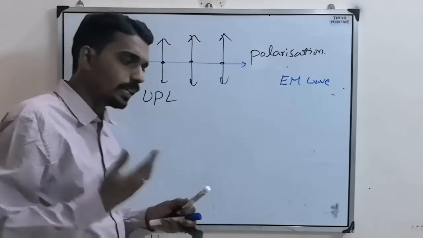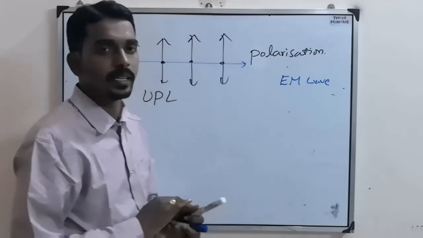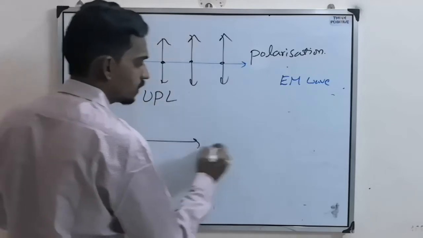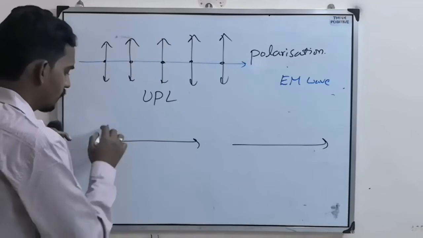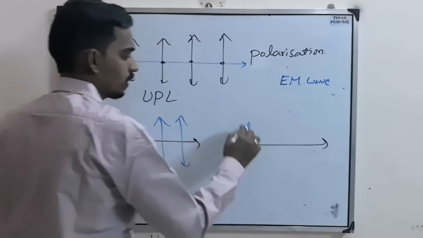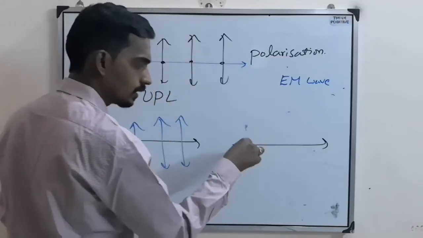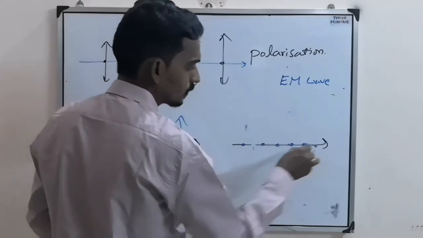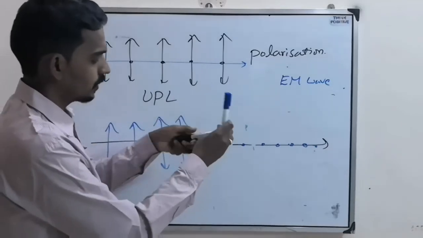Polarization means orienting the electric field component along one particular direction. That we call polarized light. That means if the light is traveling such that everywhere the electric field vector is in one direction, we can represent it with a dot. This is the propagation.